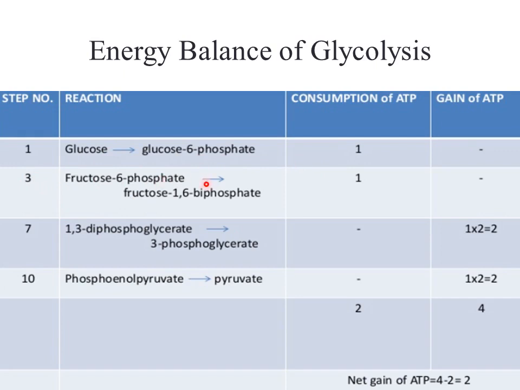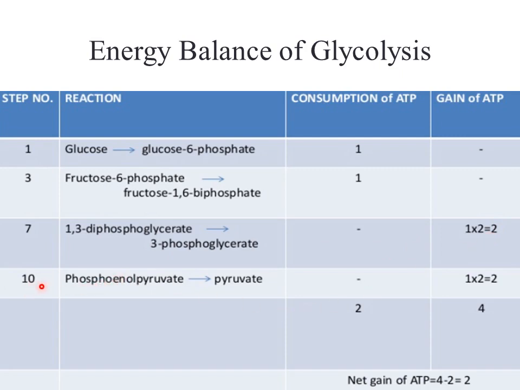Fructose 6-phosphate gets phosphorylated into fructose 1,6-biphosphate and 1 ATP is utilized. And at this stage there is no gain of ATP. At the seventh step of glycolysis, 1,3-diphosphoglycerate gets converted into 3-phosphoglycerate, and at this step, 2 ATPs are produced.